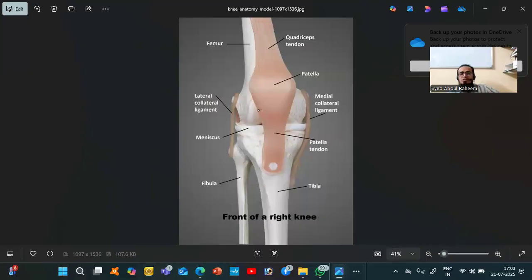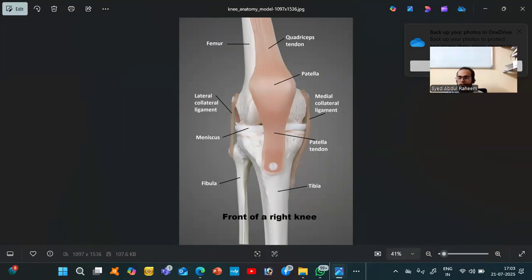First is the femur bone. This is the knee joint from the front view. Here we have bone, muscle and ligaments. This is the femur bone, till here. This is the tibia bone. This is the fibula bone; it is on the outside, and this is the inner side, the medial side, and that is the lateral side.